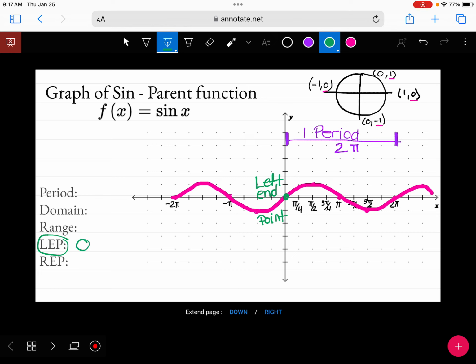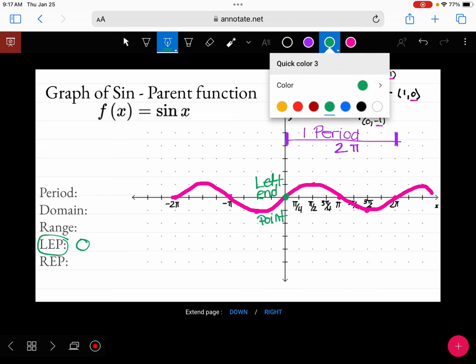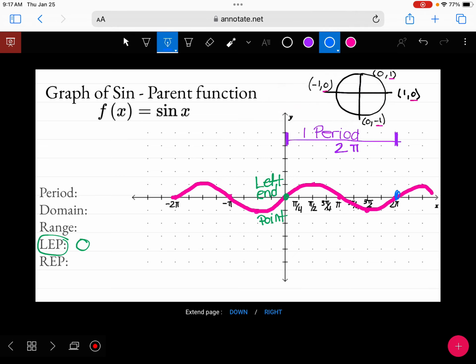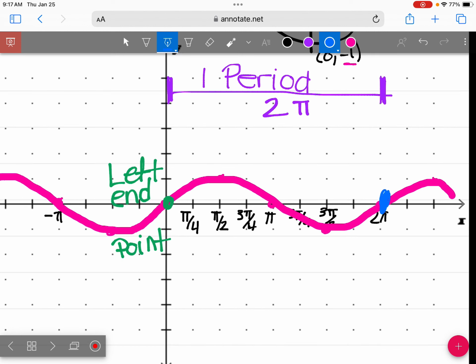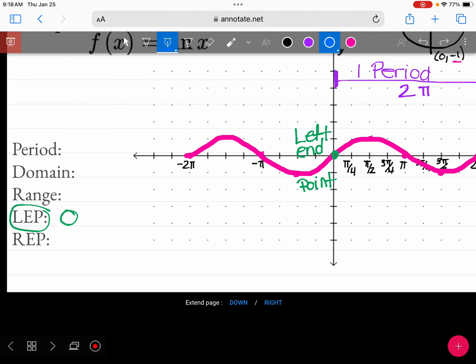Our right endpoint, so it's the right side of our period. This is our right endpoint. Again, the only time I'm actually going to write all 3 words out, I'm going to call it the REP. It is at 2 pi.